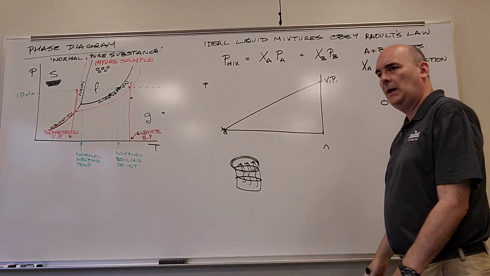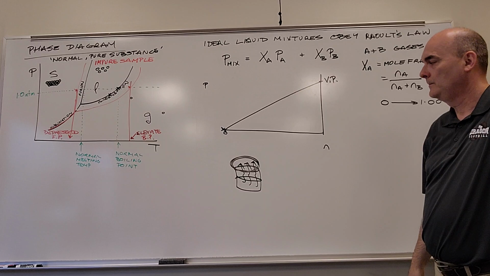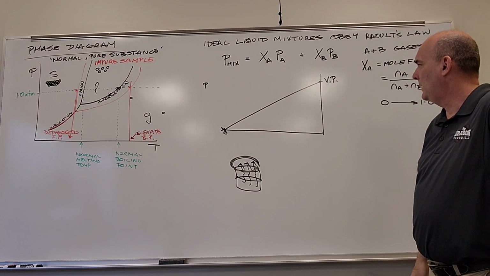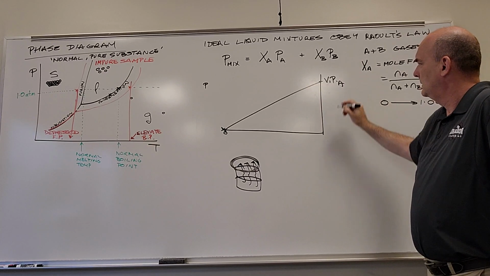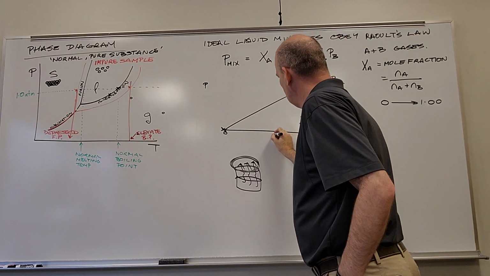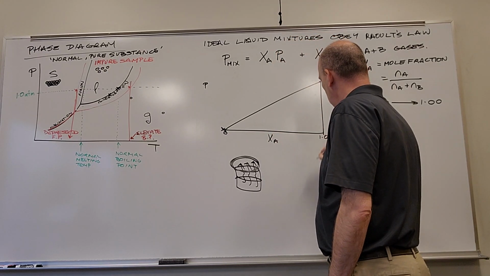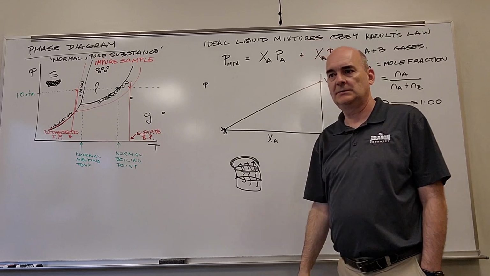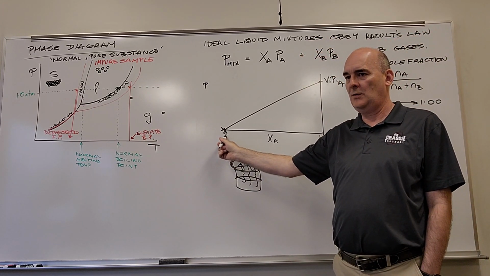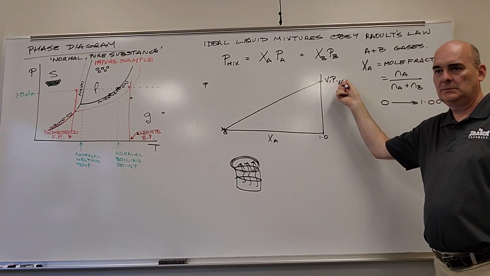And that should be a straight line. Okay. Let's call that one A. And if I read mole fraction of A, it does this. When there is no A, I get no pressure. And when there is A, I get its vapor pressure.